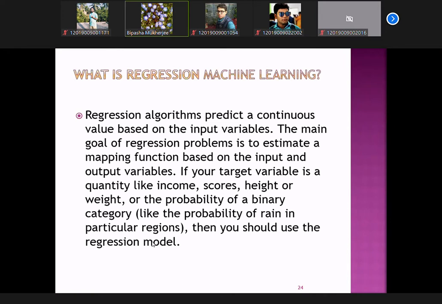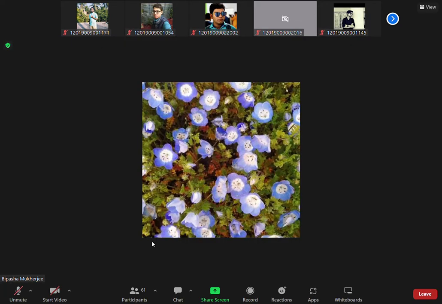Now, under supervised learning, all the problems can be thought of as regression and classification. Now, let me stop the share. I'm just asking you: what does it mean by a regression problem?